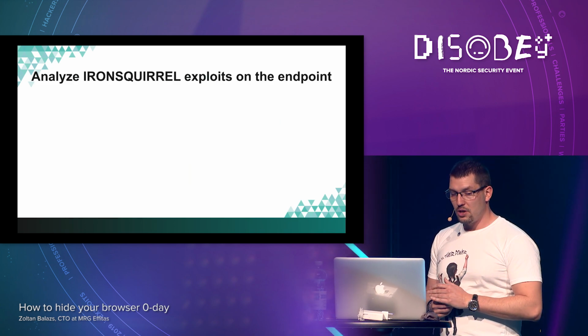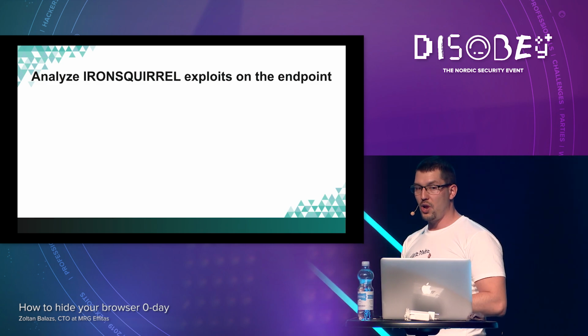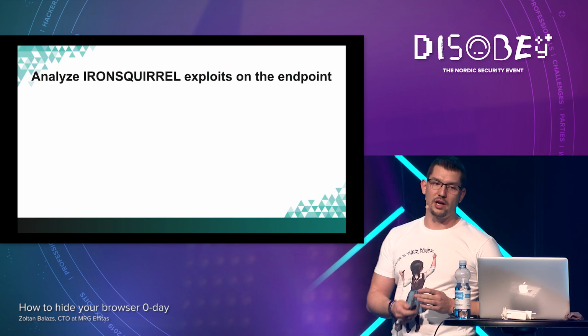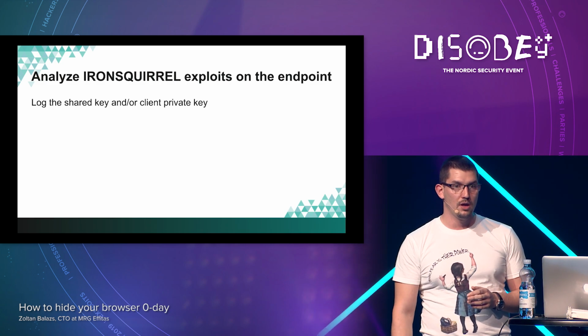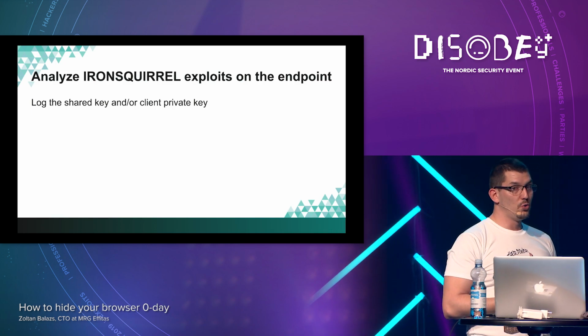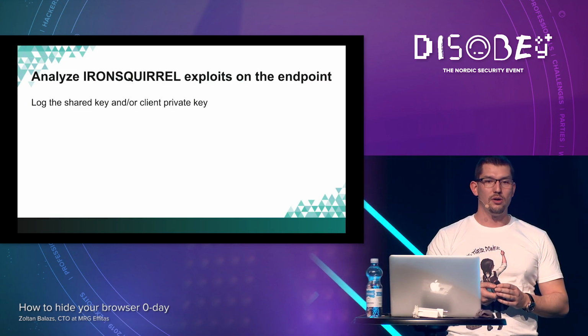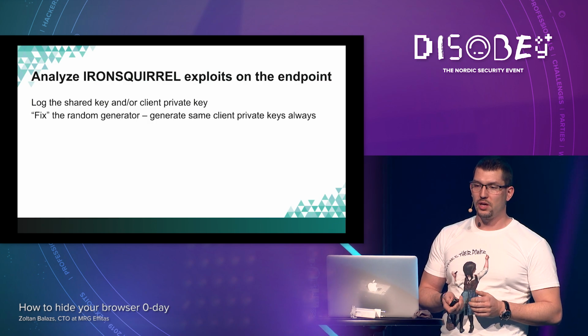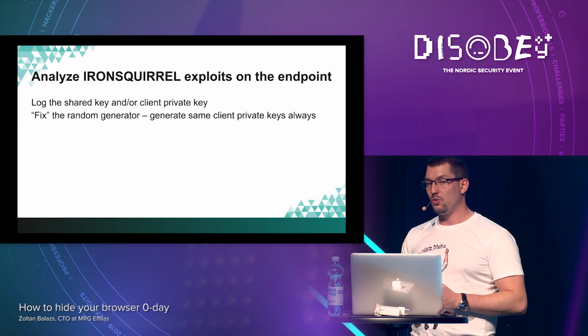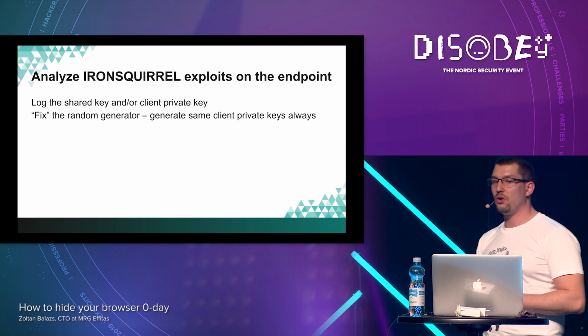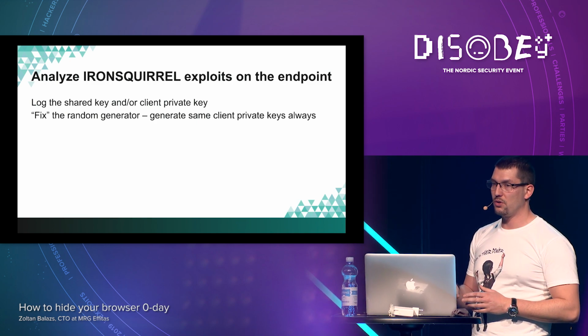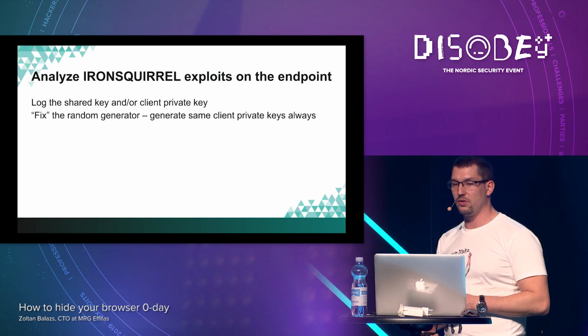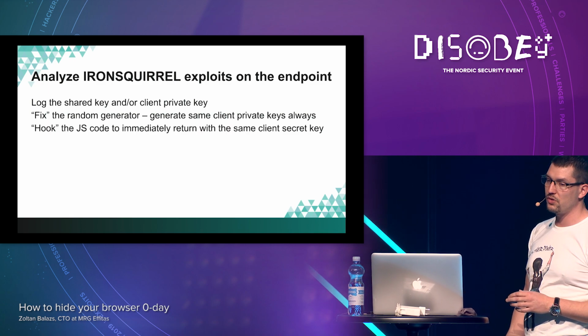All right, now let's talk a little bit about how you can analyze the Iron Squirrel exploits on the endpoint. You can try to log the shared key or the client private key. You can try to fix the random generator, so whenever the code runs, it will generate the same client private keys.